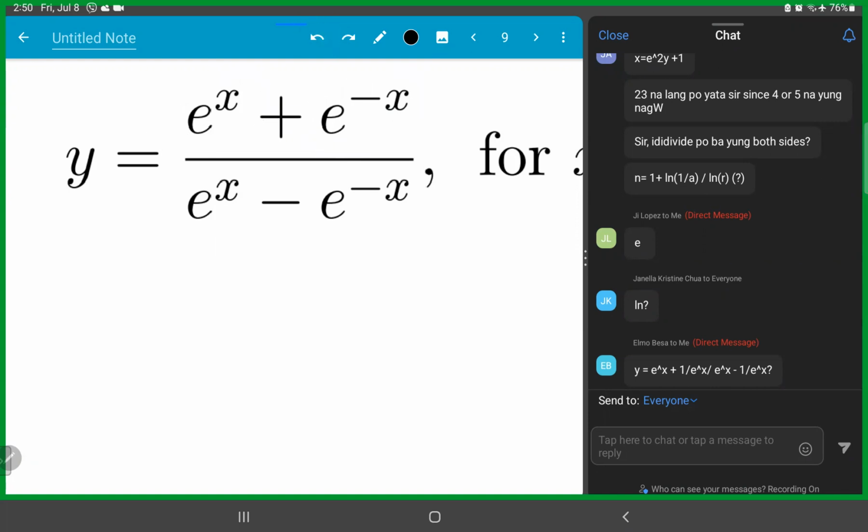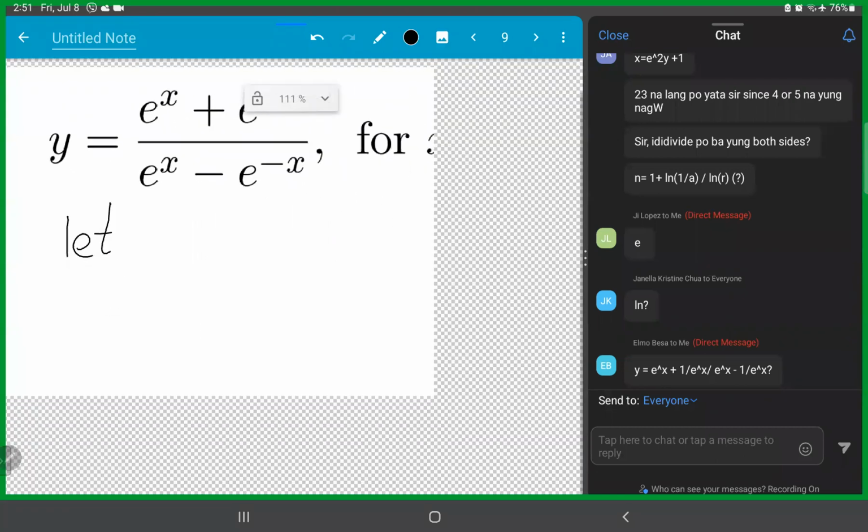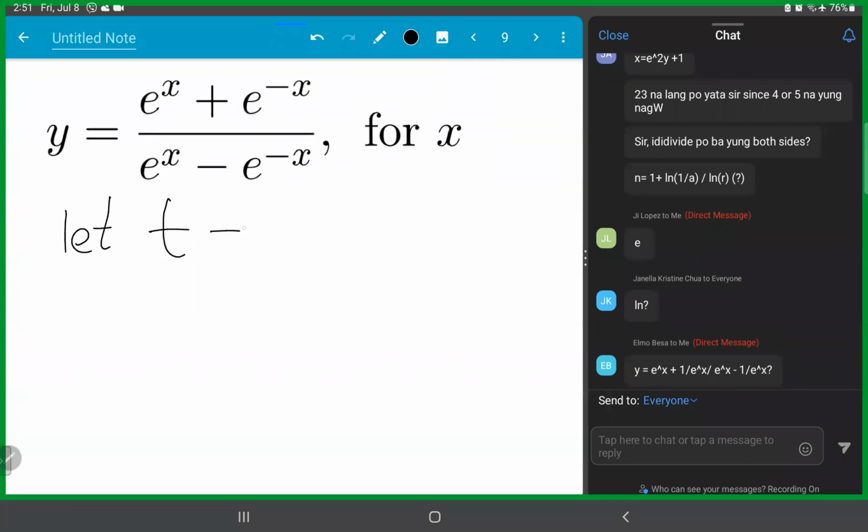Make a simpler problem. So we will use a conversion to another variable. Let t again. Apply it again. Let t be equal to e to the x.